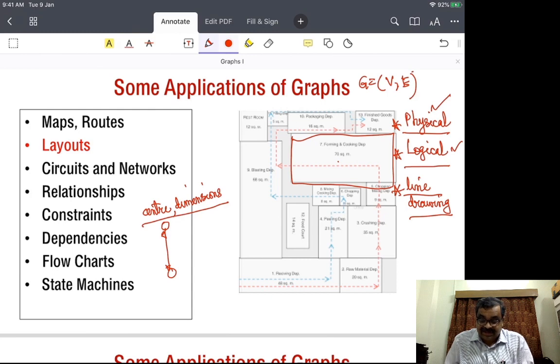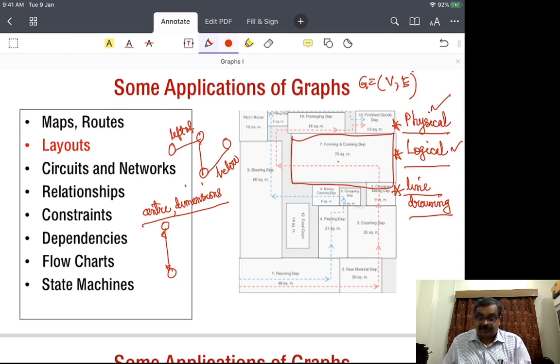Therefore, in the case of a logical layout, we will have nodes as the rectangles. Each rectangle will be labeled by its dimension, and there will be edges between the rectangles if there are constraints like left of, below, etc. And based on this graph that we draw, the physical layout that we make must necessarily satisfy this condition.